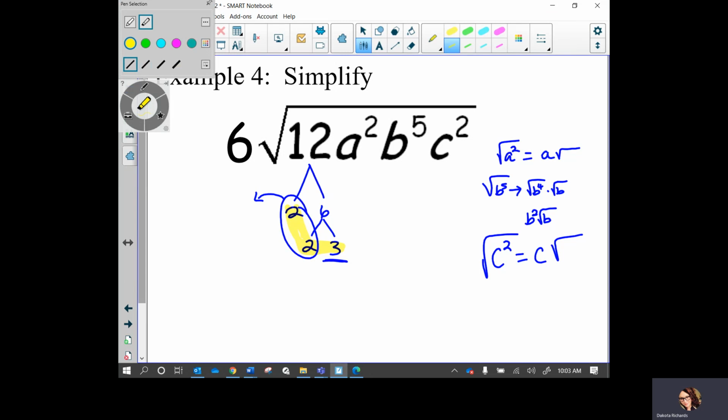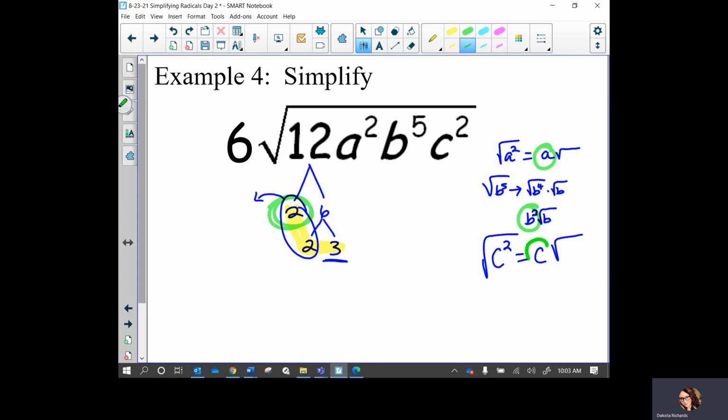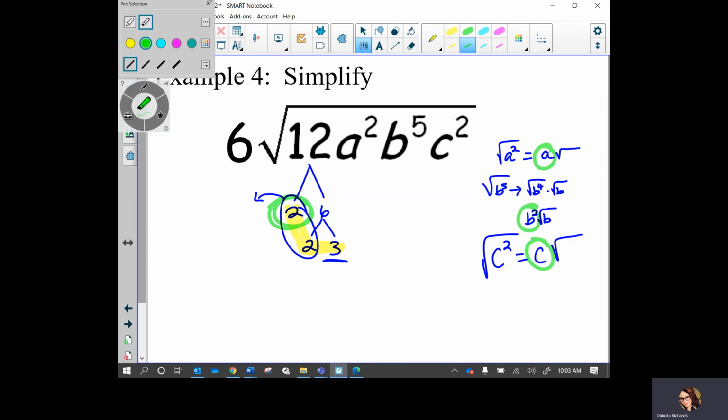On the outside, let's do green. We have a 2. We have an a. We have a b squared. And we have a c. On the inside, you have this 3. You have this b.